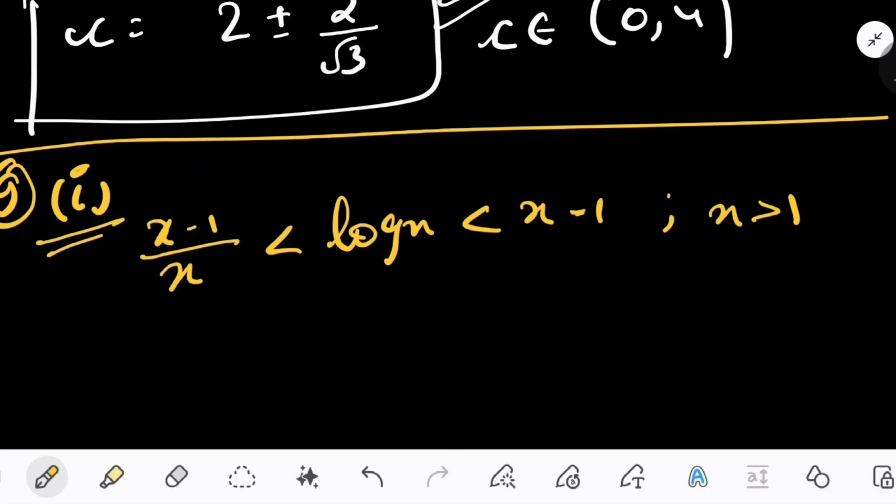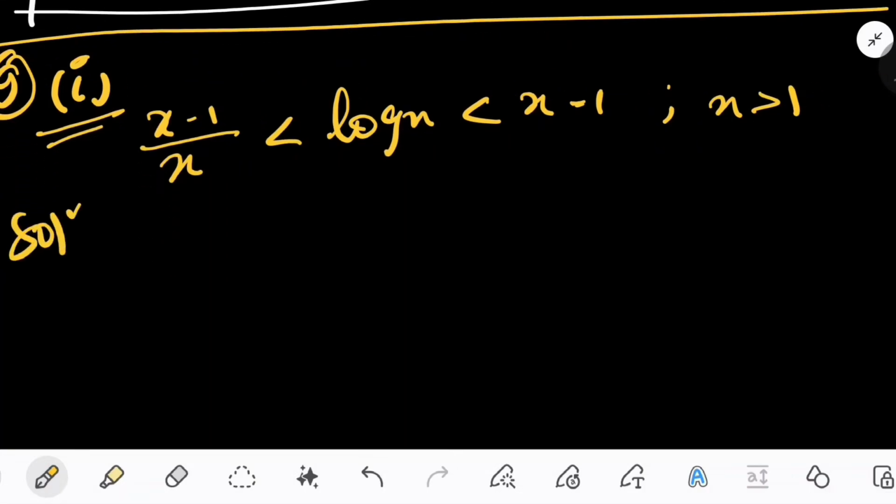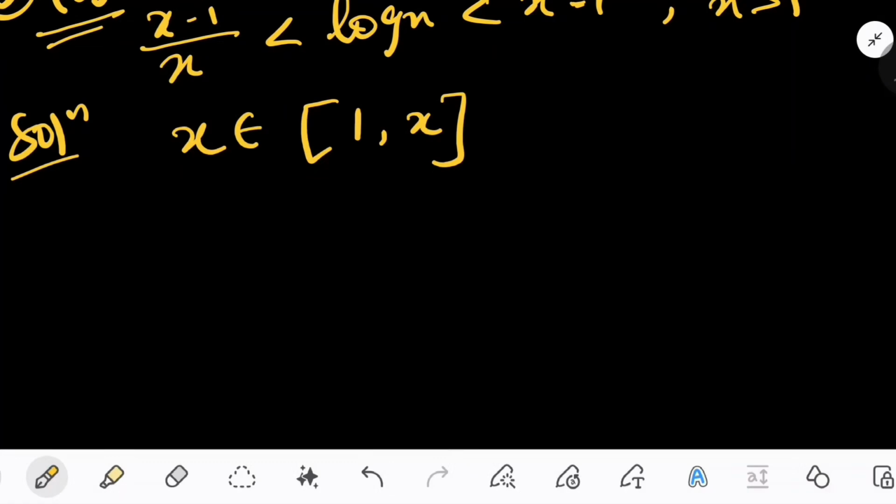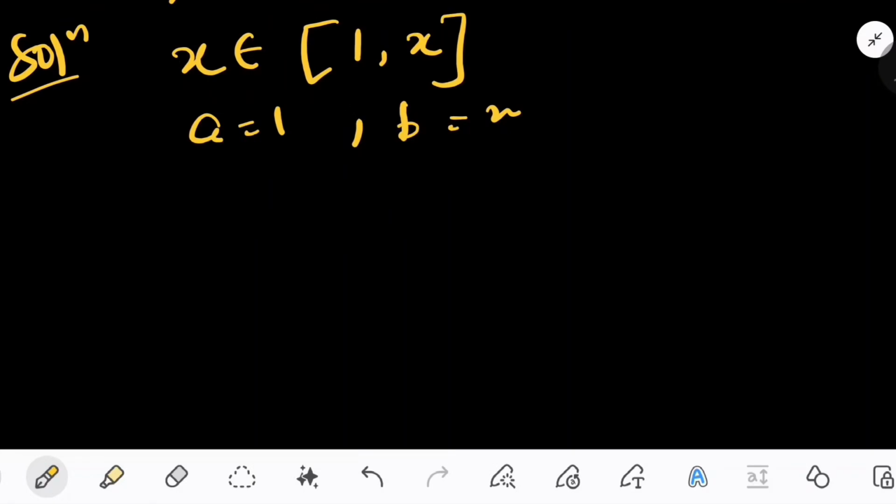Greater than 1. Okay, so how do we solve it? Well, let's see. x belongs to closed interval 1 to x, right? Just assume it. So it means a is equal to 1 and b is equal to x, right? So just use f of x equal to log x.